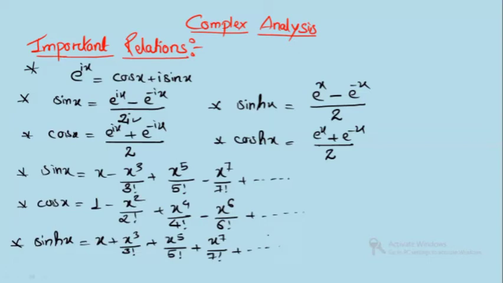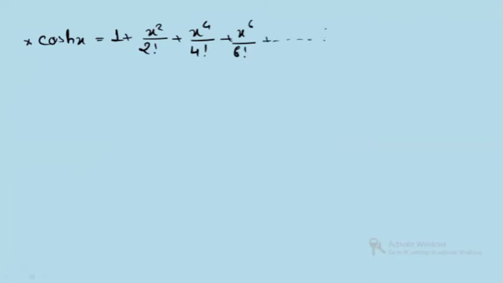Clear? Similarly, you can write for cos hyperbolic x also. So cos hyperbolic x you can write as 1 plus x square by factorial 2 plus x to the power 4 by factorial 4 plus x to the power 6 by factorial 6, all right, and so on. So these are very important relations.